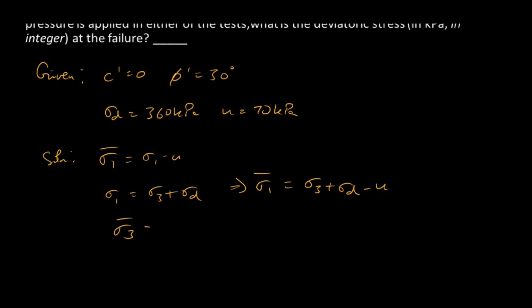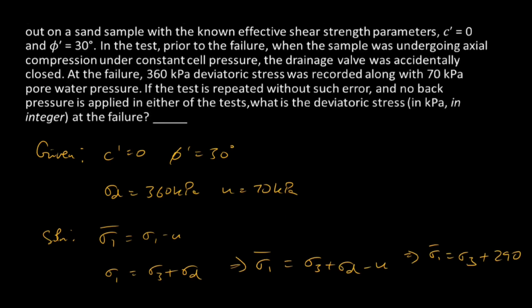Also, sigma 3 dash will be equal to sigma 3 minus u. Sigma 1 dash will be sigma 3 plus sigma d, which is nothing but 360, minus u. So sigma 3 plus 360 minus 70 will be sigma 3 plus 290. Also sigma 3 dash will be sigma 3 minus u, which is nothing but sigma 3 minus 70.